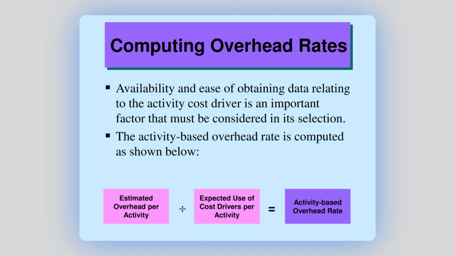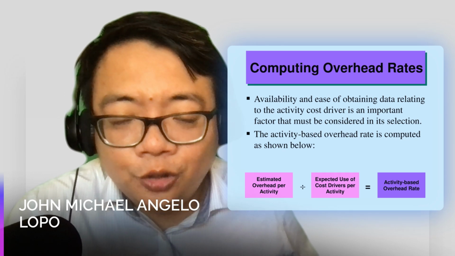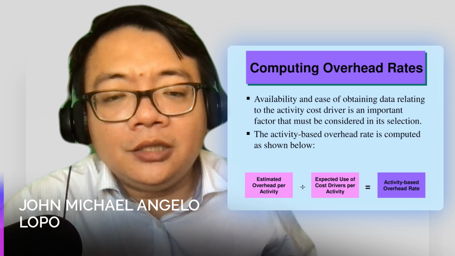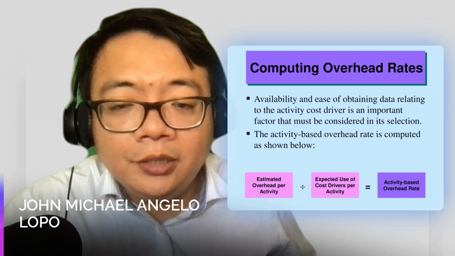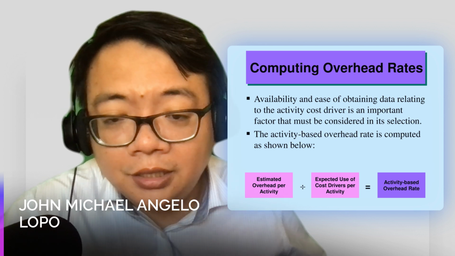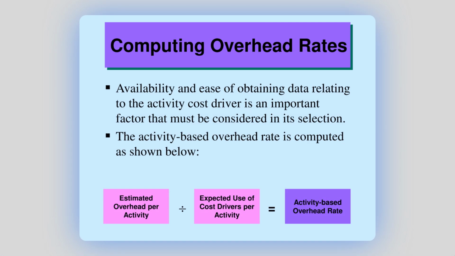Estimated overhead per activity divided by expected use of the cost driver per activity, which equals the activity-based overhead rate. It is similar to traditional, total overhead divided by cost driver, but the difference is that it is based on per activity. That is your activity-based overhead rate.